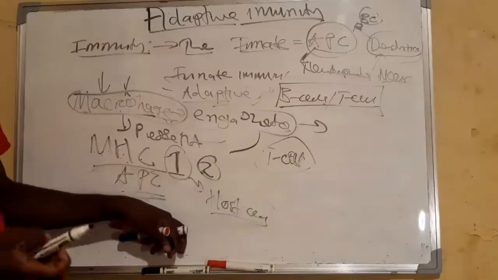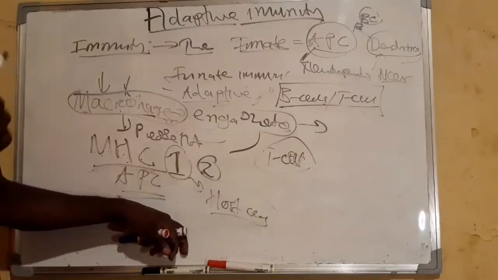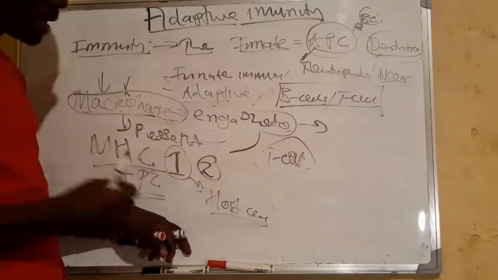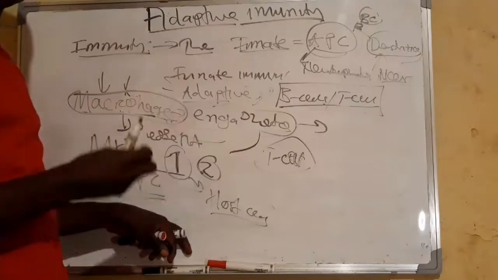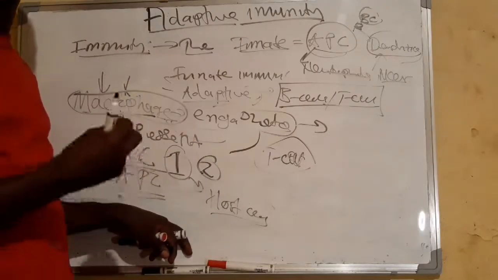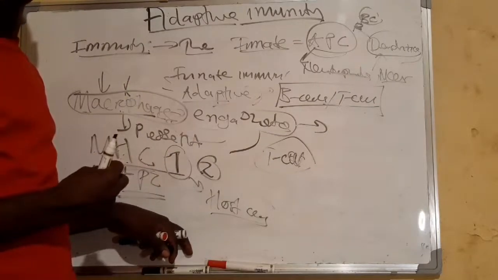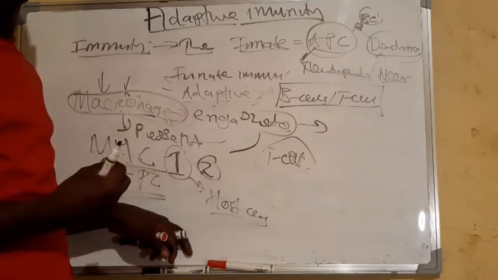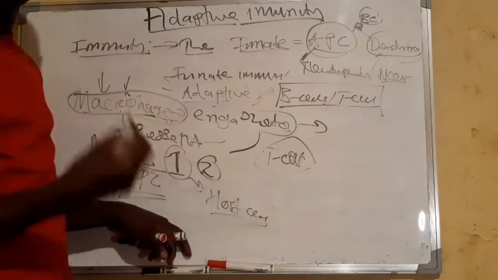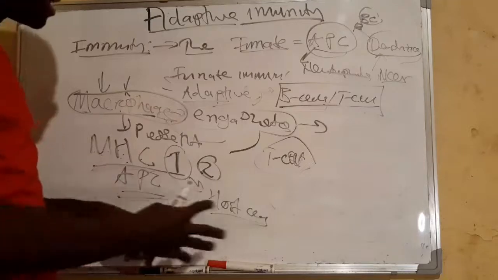In this case, class 1 is mostly expressed by the host cell. How is this possible? The host cells are the cells of our body. These basically are the cells that become infected with viruses, and also tumor cells.